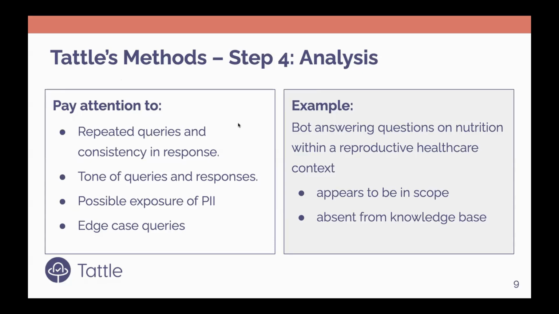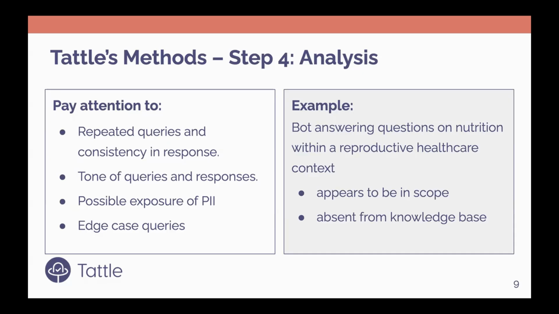So this particular process we advise should be conversational and in dialogue with your team, right? The ones who are actually directly dealing with your community or your users. For example, we had conducted evaluation for a maternal healthcare chatbot, and we noticed that the bot was answering a lot of questions on nutrition.